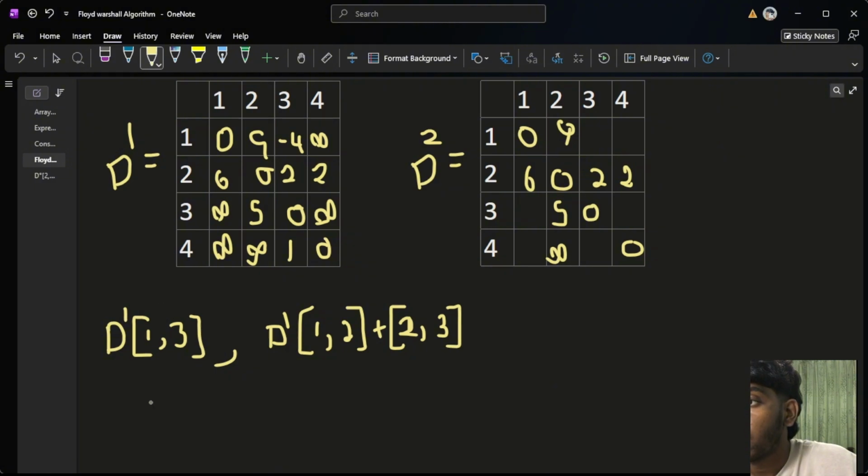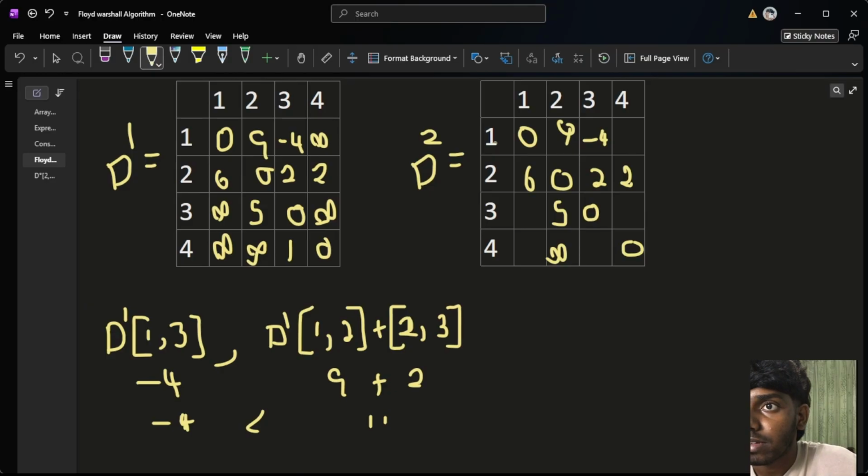So the 1 to 3 would be -4, and 1 to 2 is 9, and the 2 to 3 is 2, so 11 versus -4. Obviously it is the -4, so the -4 goes right here.